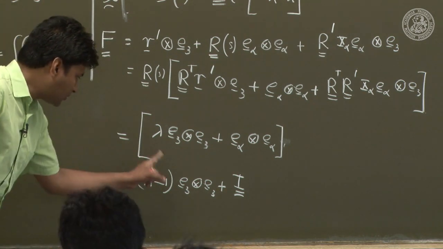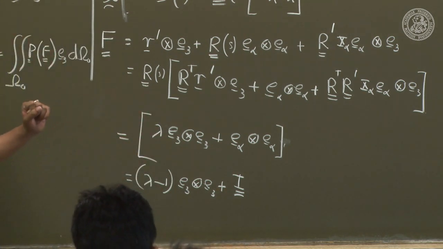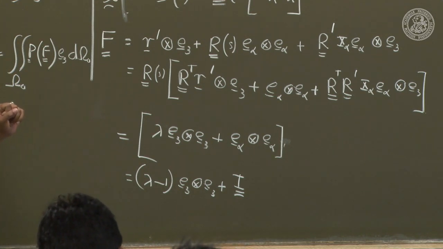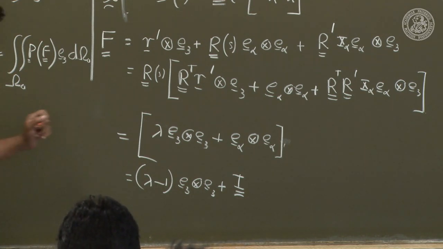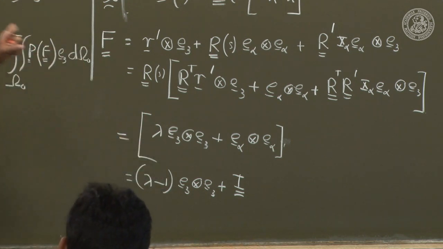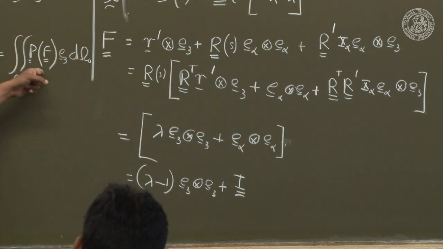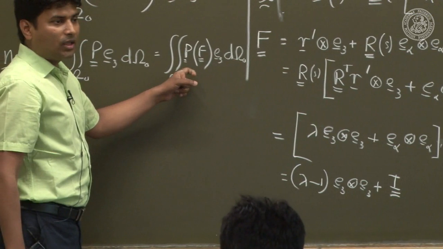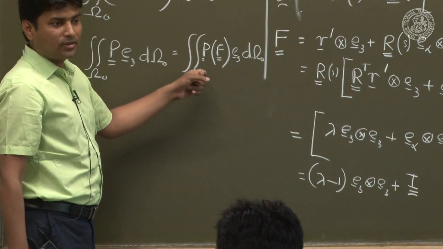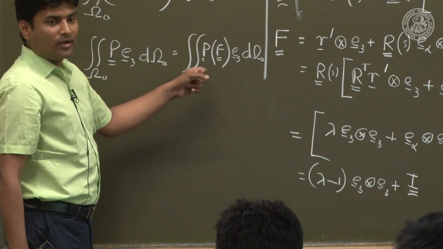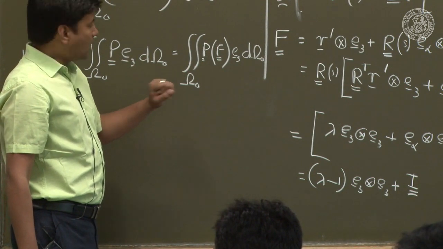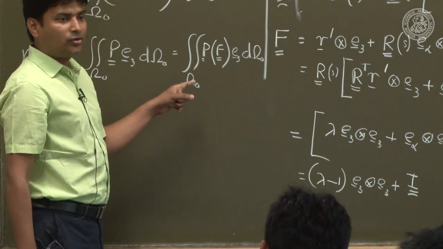And so lambda minus 1 becomes your axial strain. Okay. So now you plug this deformation gradient in here, get your stress, and integrate that over the cross section to get your force.